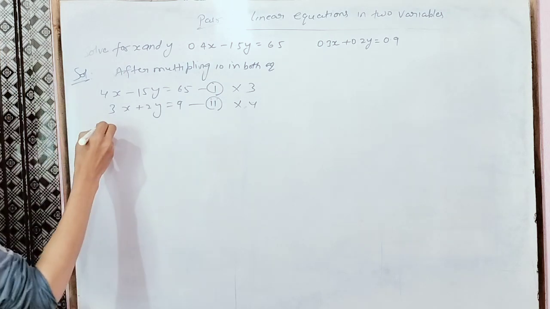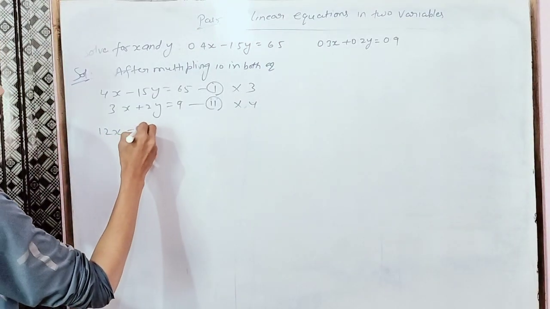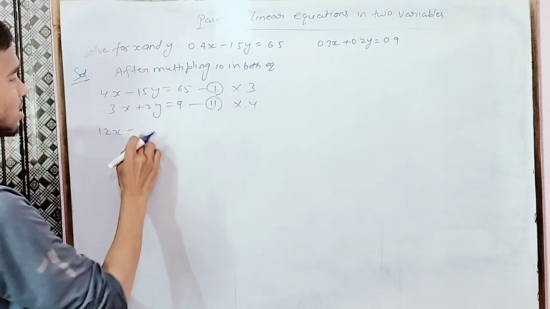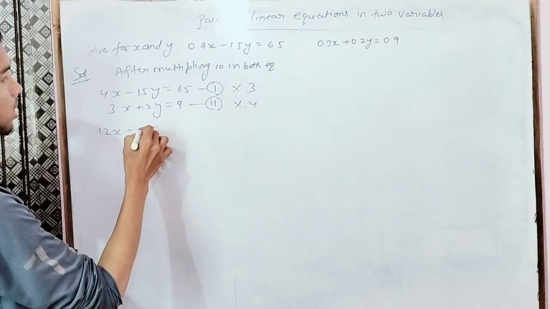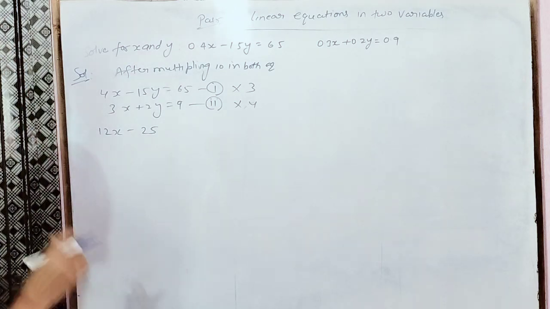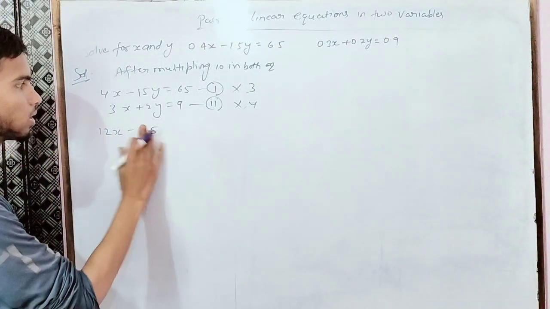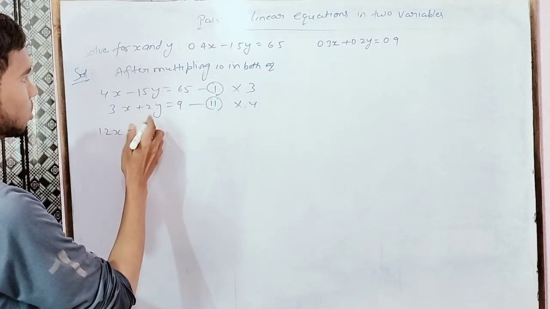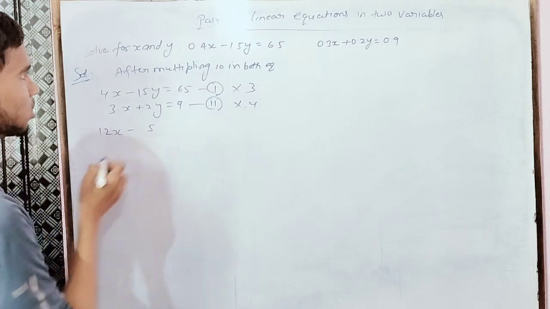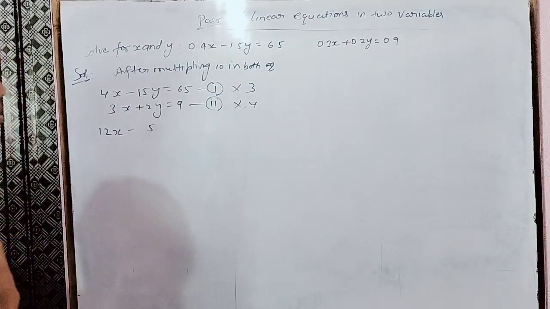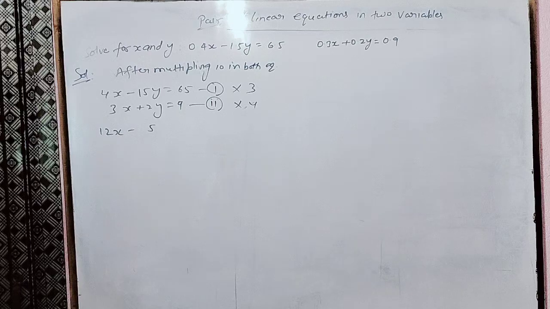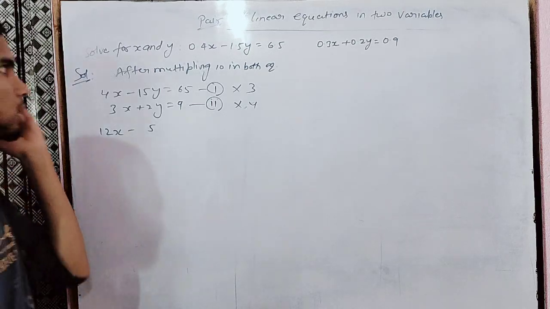So let's write the value of x minus 5, and it is wrong. 3 5s and 3.